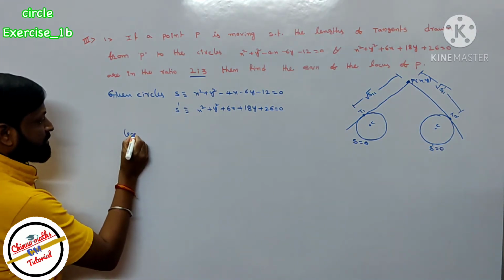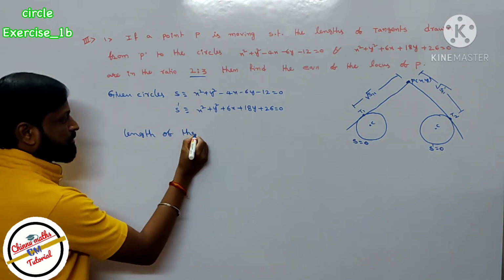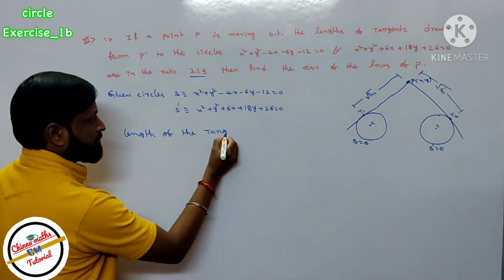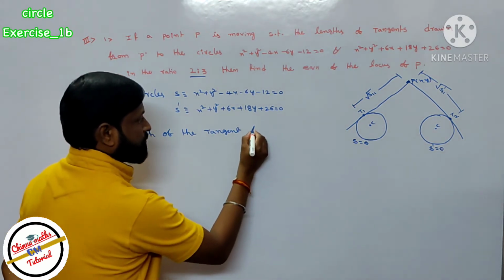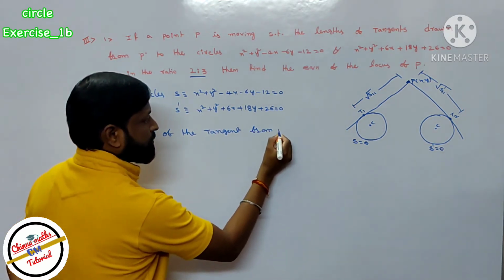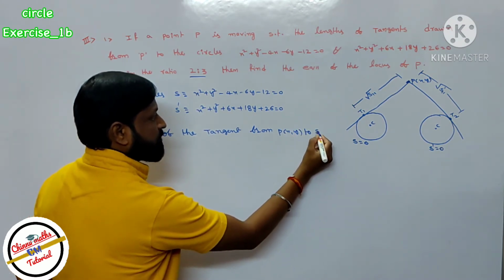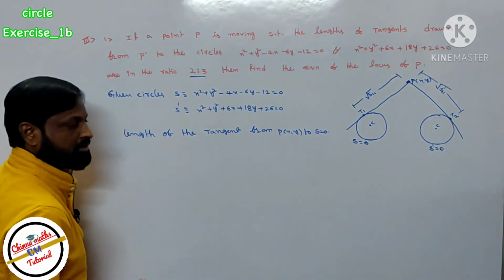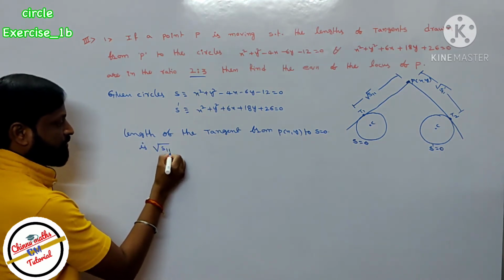Length of the tangent from P(x, y) to S equal to 0, that means the first circle, is root of S11.